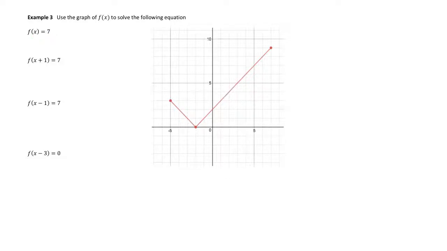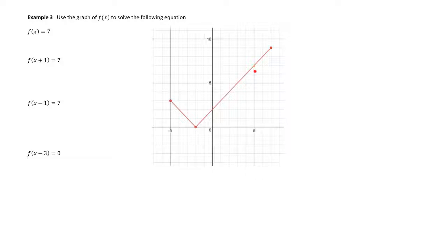To solve this, you have to look at your graph and figure out where the y value is equal to 7. So we have to kind of work backwards here a little bit. But this is a y value of 7, right? 5, 6, 7. You have to look left or right. There's nothing over here, but if you go to the right, the graph meets at this point here. So this is where your function is equal to 7.